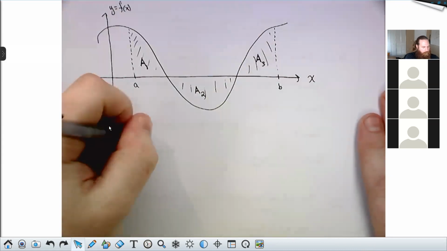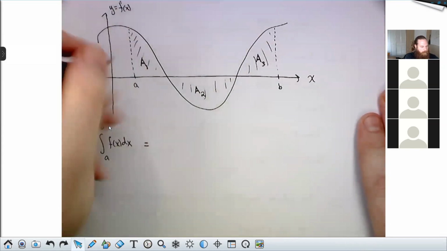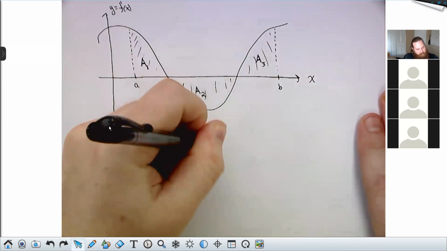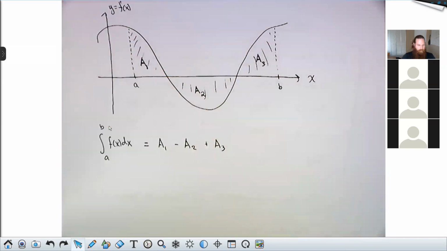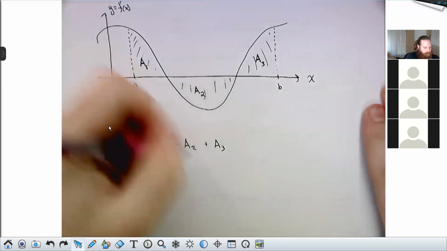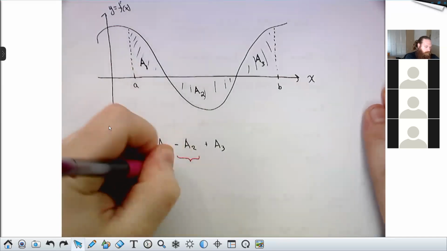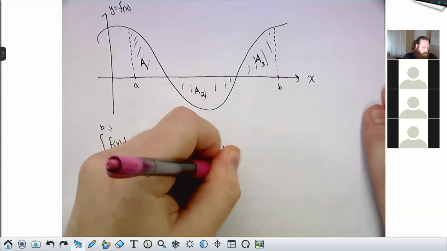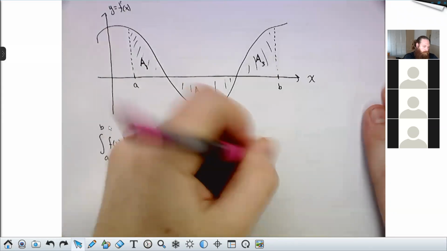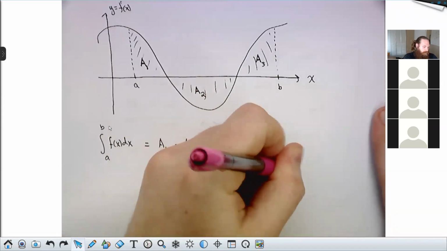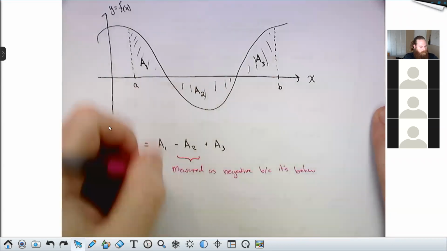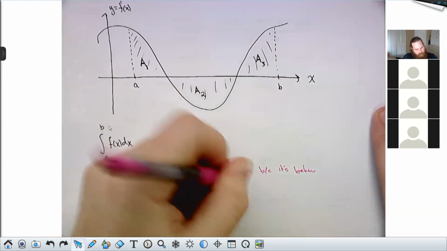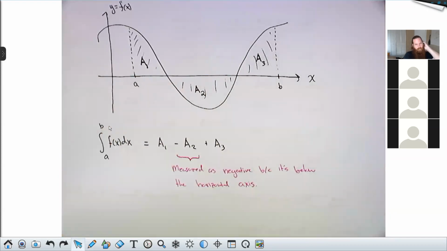Then the integral here is going to calculate the area A1 minus A2 plus A3. This guy is being measured as negative because it's below the x-axis or the horizontal axis, right?